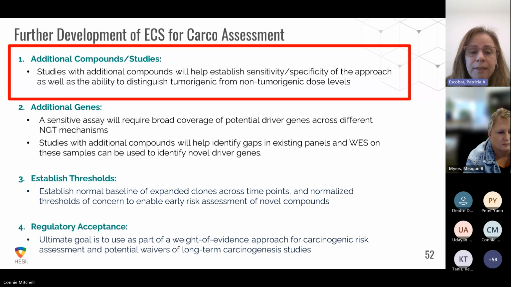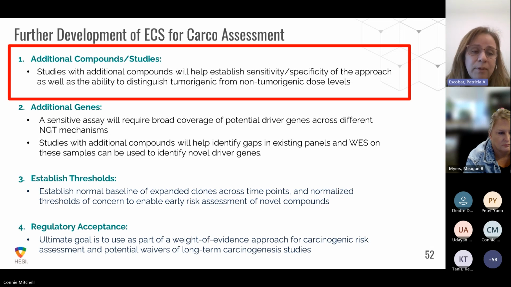So I think a year ago, we put together what we need to do. We had just one first pilot study that we did, the PCB126, where we started with the principle that you can see clones form with these non-genotoxic carcinogens early on, and that has the potential to predict that. However, it was one study. And we know we need to do a lot of things to make sure we can apply those biomarkers and endpoints.